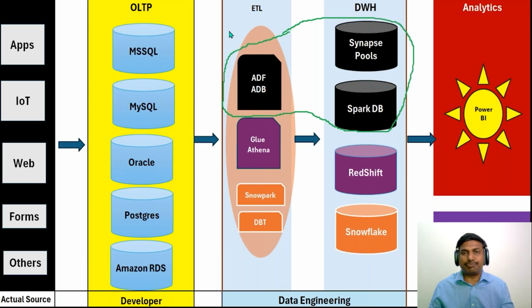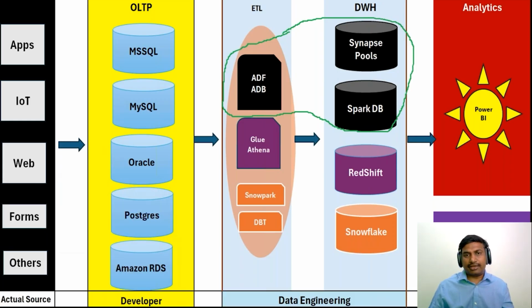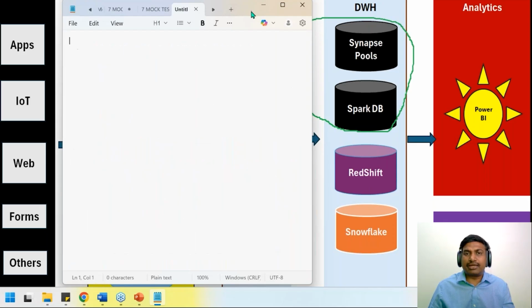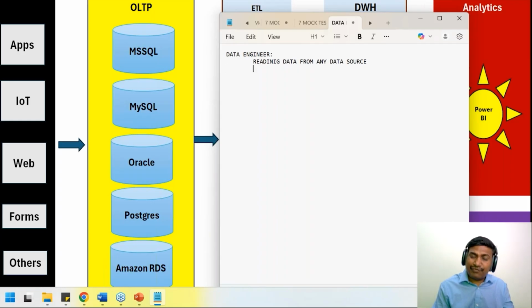What does it mean? Very simple. I repeat once again, let's make it clear. I'll just make it clear and straight. Here it is. As a data engineer, we need to involve in reading data from any data source. It can be files, databases, IoT, apps, websites, anything.